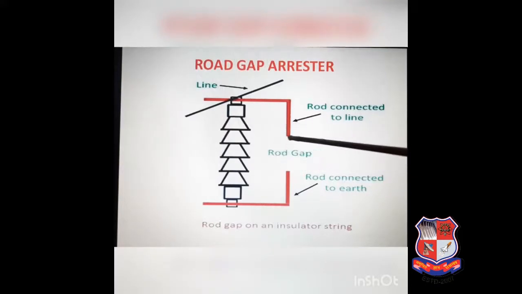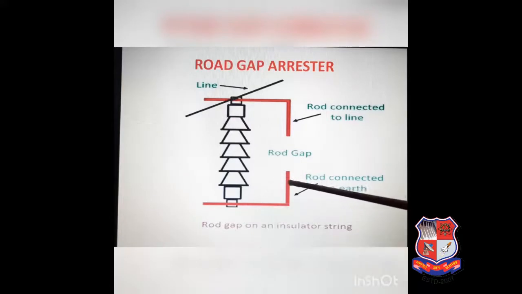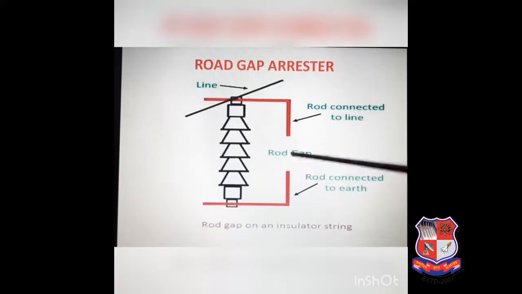So the surge current is conducted to the earth via this rod. In this way, the excess charge on the line due to the surge is conducted to the earth, and this is the way we can protect the equipment. So this is the working of the rod gap arrestor.